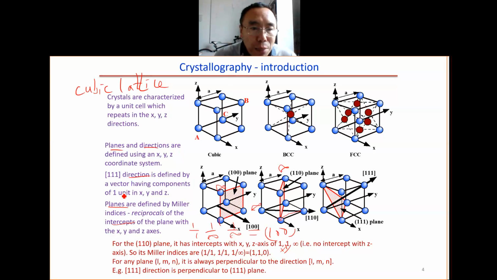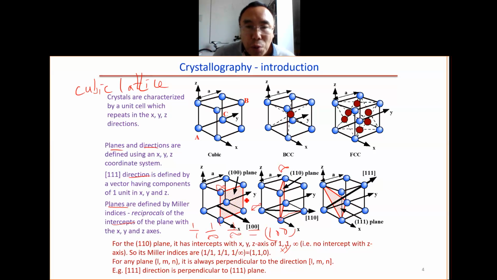For any plane LMN, it is always perpendicular to the direction LMN. For example, the 111 direction is perpendicular to this 111 plane, the 110 direction is perpendicular to this 110 plane, and the 100 direction is perpendicular to this plane.